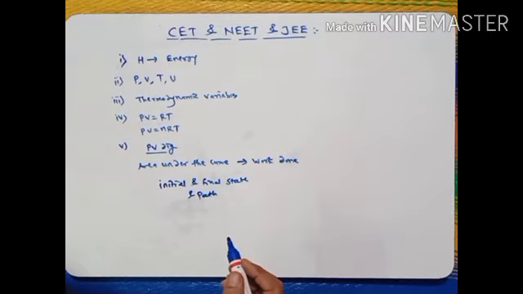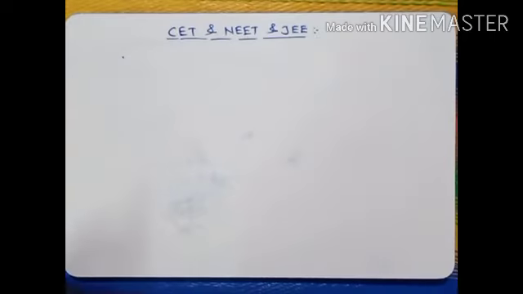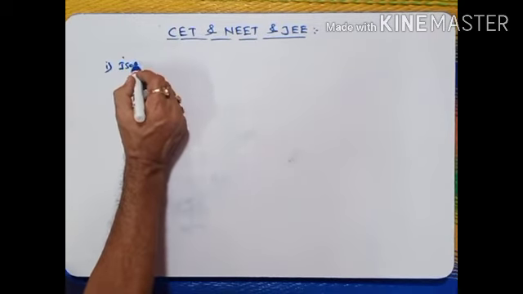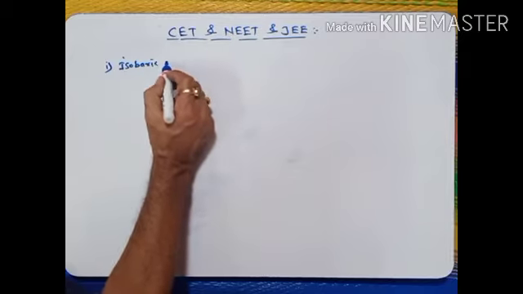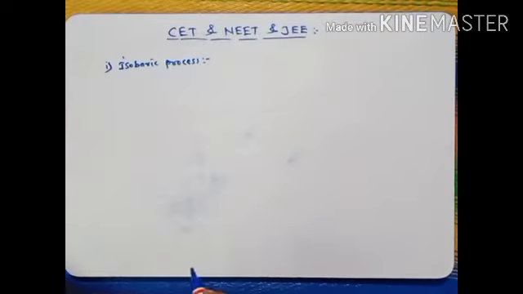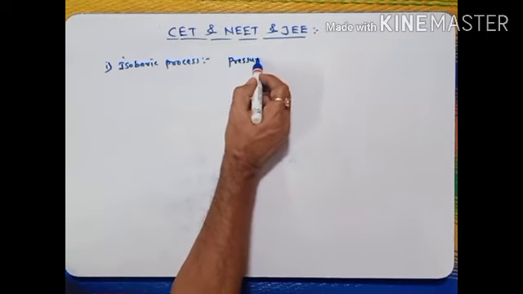Now here we consider different types of thermodynamic process. First, the isobaric process. What is meant by the isobaric process? It is a thermodynamic process in which pressure is constant.